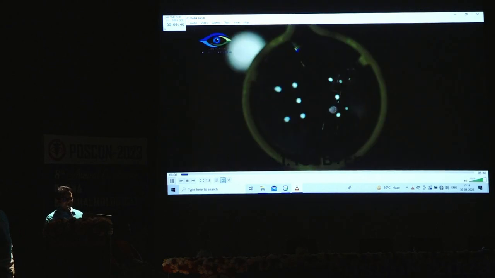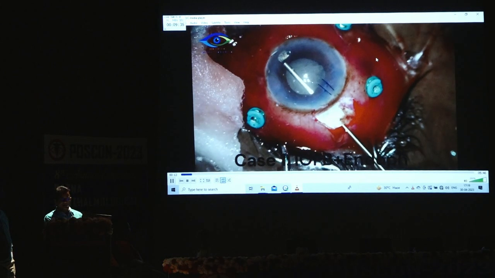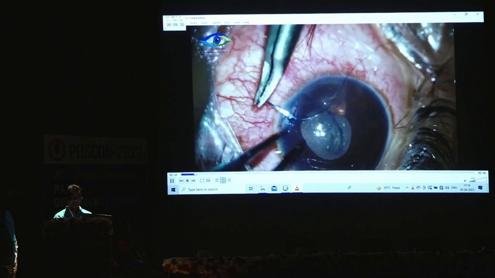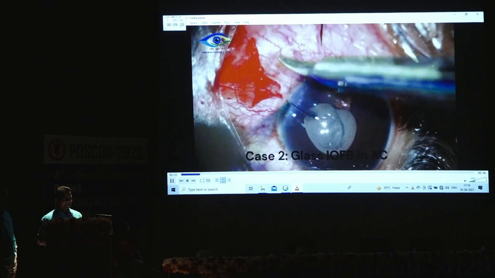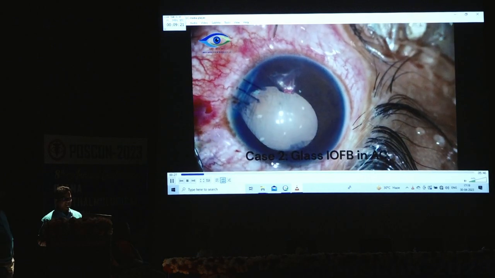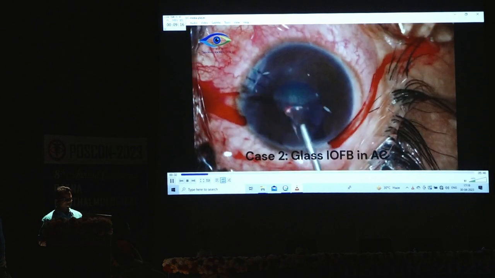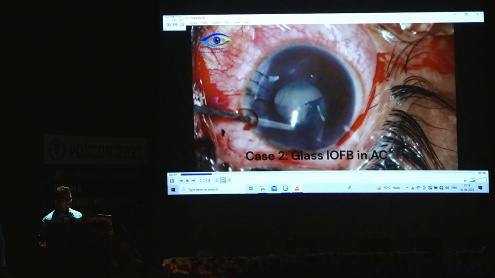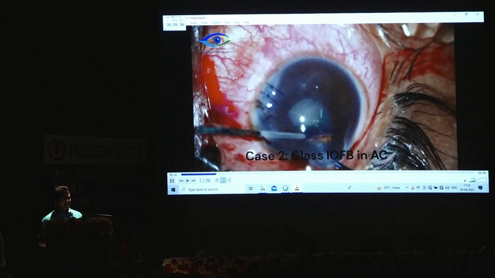This is the first case of intraocular foreign body with endophthalmitis. The entry wound was closed with 10-0 nylon suture, and the foreign body in the anterior chamber was removed. This is case 2, a glass intraocular foreign body in the anterior chamber.